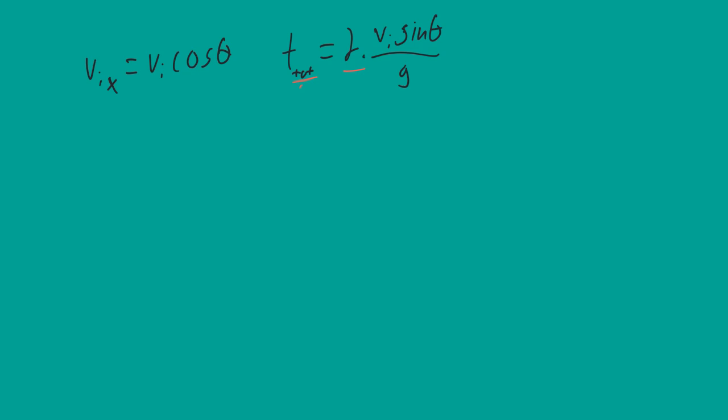So we want our equation for position in the horizontal. It's going to be x final equals x initial plus the velocity initial in the x direction times t. Remember, there is no acceleration, so nothing is here because there's no acceleration in the x direction.